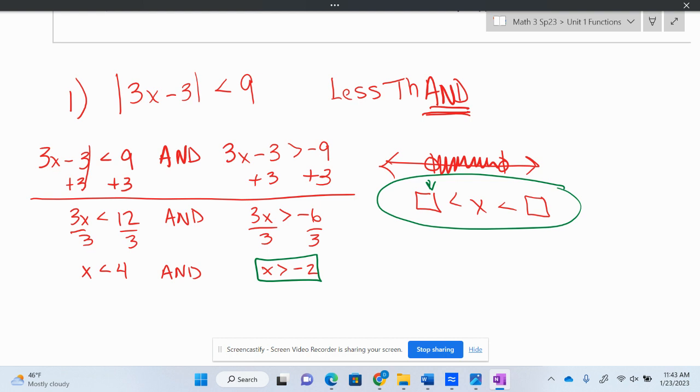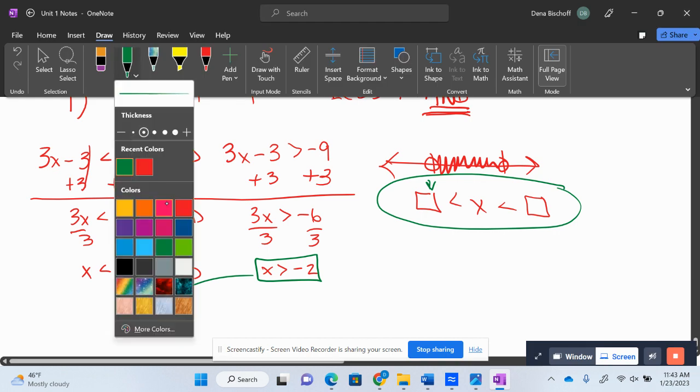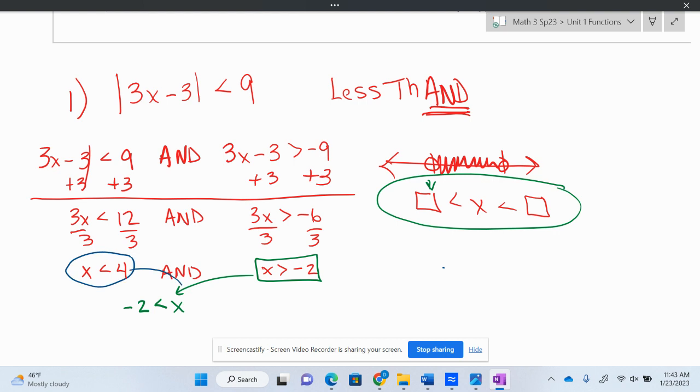So if I change the order, if I flip my inequality, I also have to flip the sign. So I have negative 2 is less than x. That's what this becomes. And then I'm just going to merge with it the other inequality that says x is less than 4. And this is how I create an and inequality.